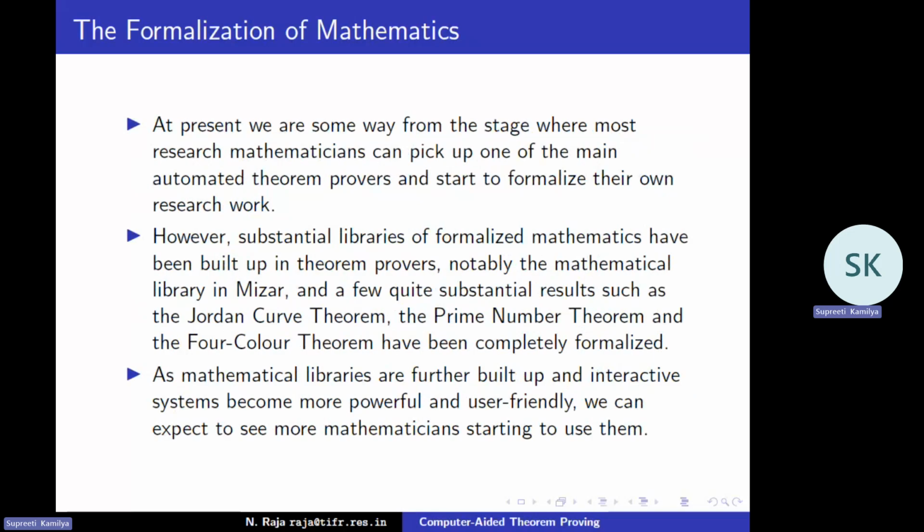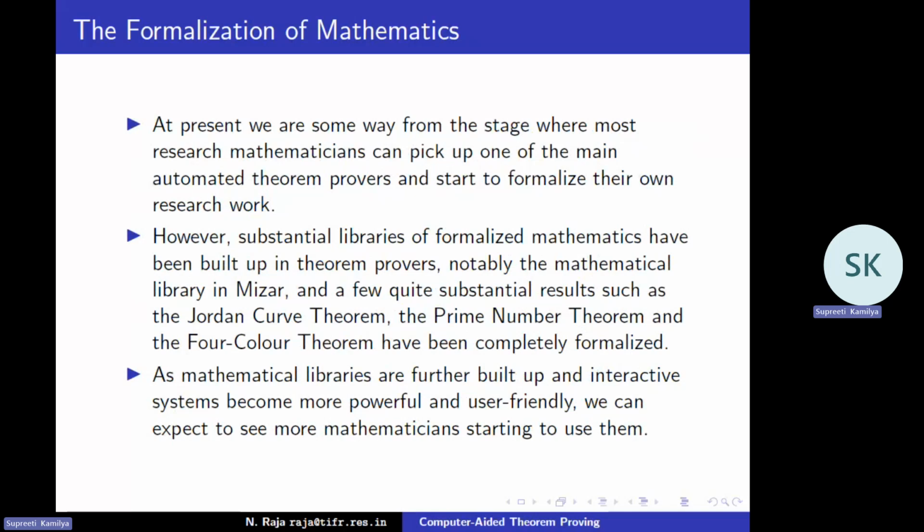So at present we are still far from the stage where somebody can just pick up one of these theorem provers and start to formalize their own work. But things are getting better. More and more formalized mathematics is being built up into substantial libraries which can be invoked directly from the system that you're using, and quite a few substantial results have been formalized by now, and this list is growing.